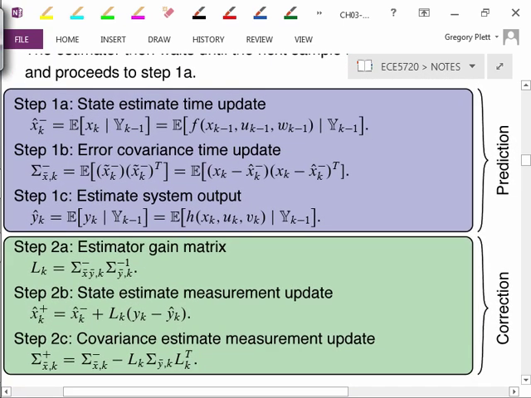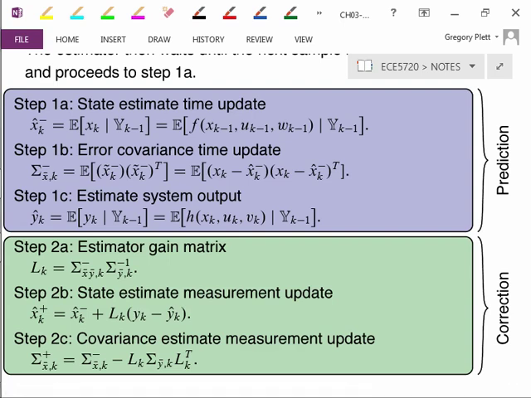This step 1 ABC, 2 ABC is something that's going to be following us the entire way through this chapter of notes and even into the next chapter of notes. It doesn't go away, so let's make sure that we understand what each step is. I've summarized them here. We've got 3 prediction substeps and 3 correction substeps, where in the first 3 substeps I'm predicting the state, I'm predicting the covariance, I'm predicting the measurement.